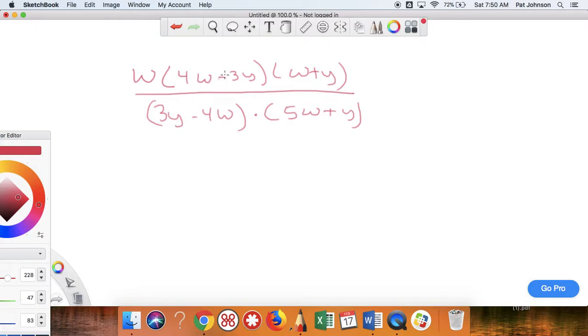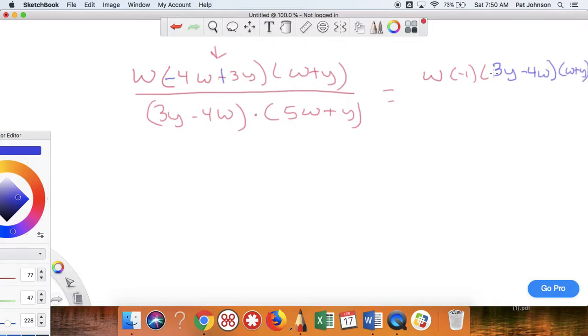It doesn't matter if I do the numerator or the denominator, but because it's technically correct to have the negative in the numerator rather than in the denominator, I'm going to factor out from up here. So I have w. I'm going to factor out a negative from this term. So I'm going to get -1, which changes both of them to their opposites. So then I'm going to rewrite it to say 3y minus 4w times w plus y.